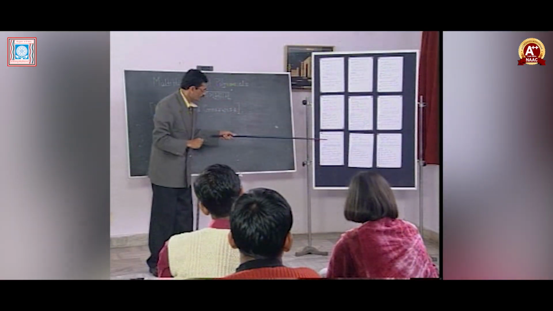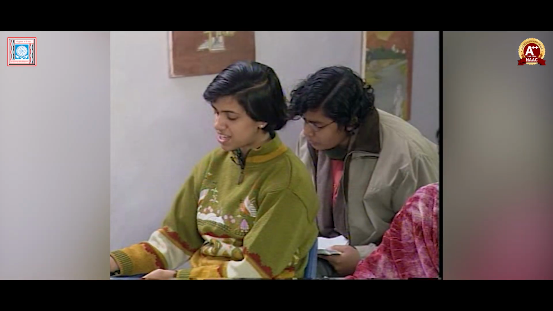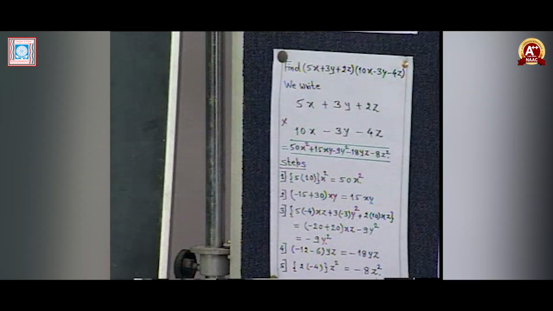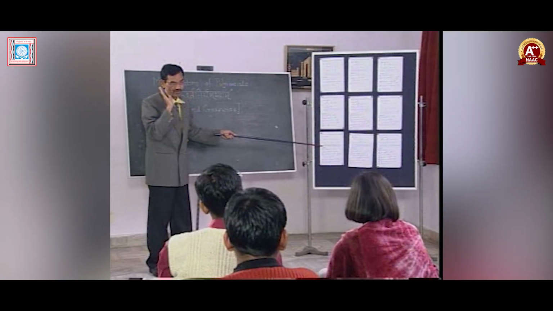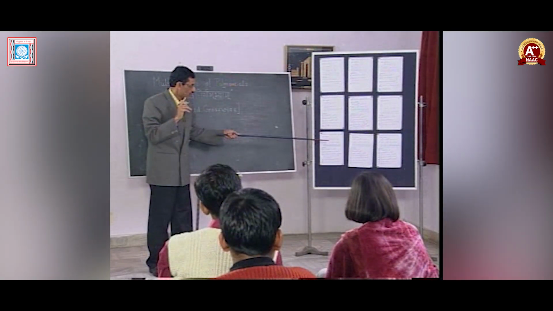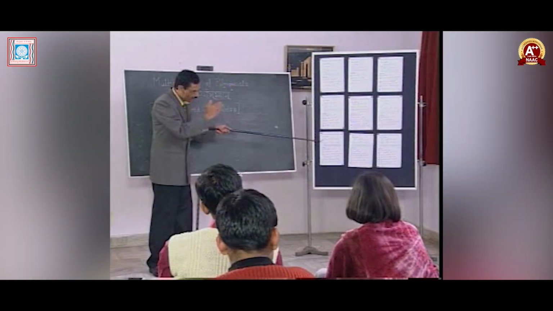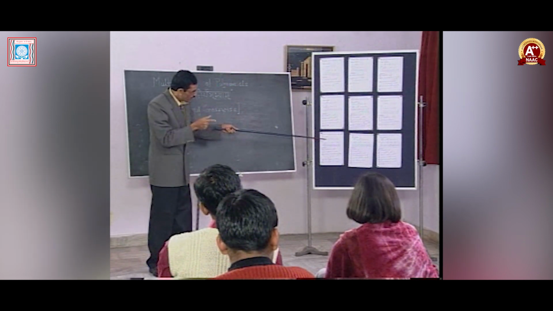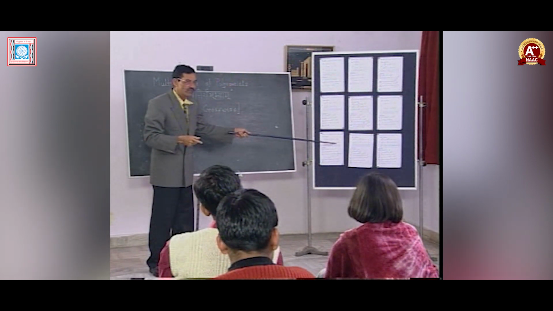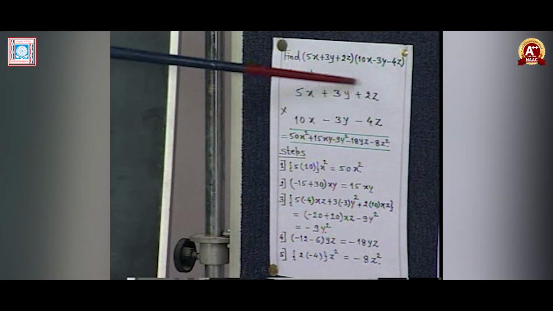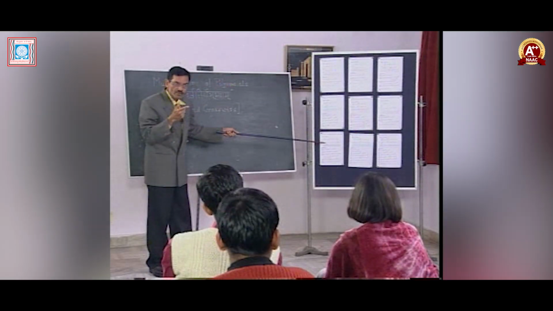Third one, next we can have the coefficient of xz. That is 5 into minus 4, minus 20. And 2 into 10, plus 20, that plus is to be observed. 2 into 10, because the middle term will give the coefficient of y square. So you can multiply that way even, but it is better: 5 into minus 4, minus 20, plus 2 into 10, plus 20.